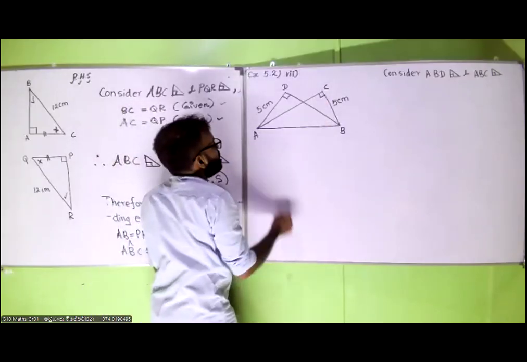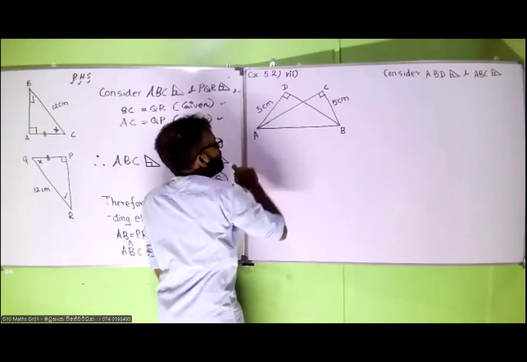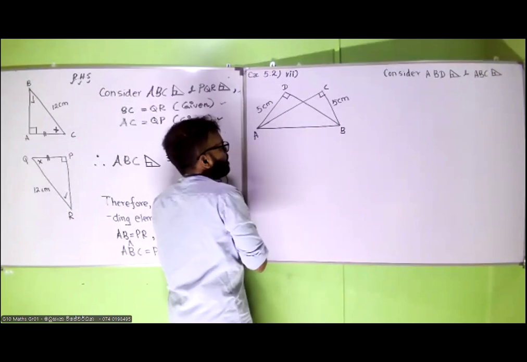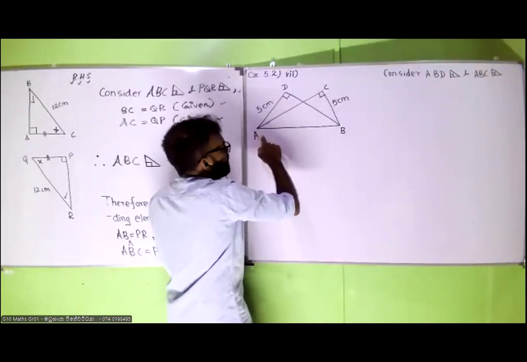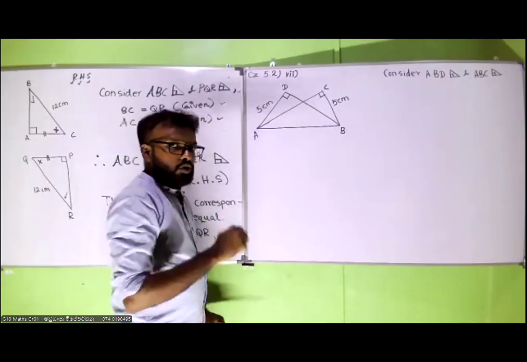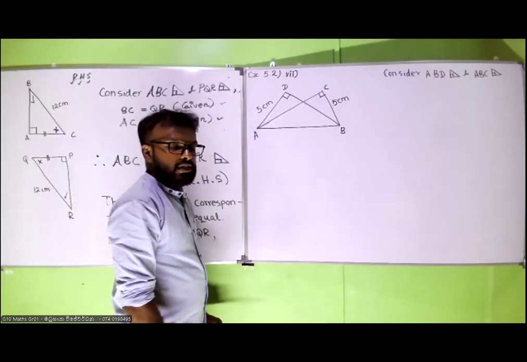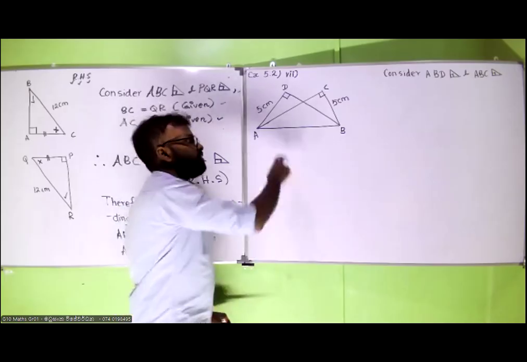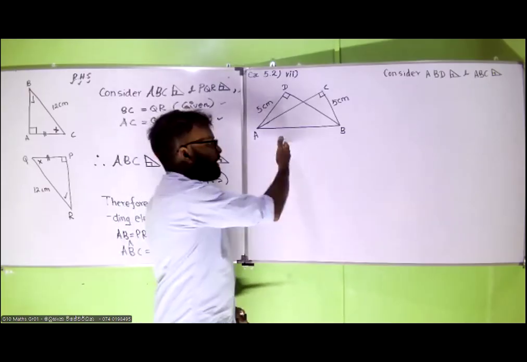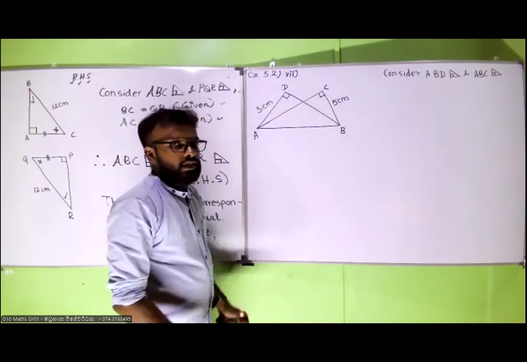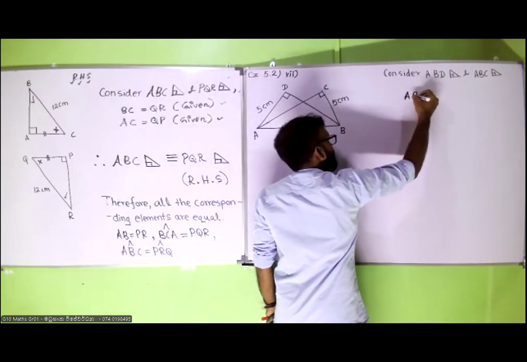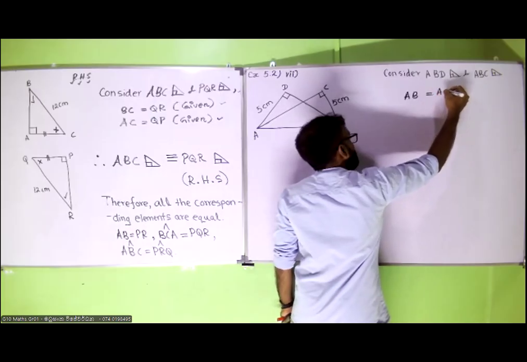From ABD, can I get the hypotenuse? Where is my hypotenuse? AB. And in ABC right angle triangle, also AB. Those are a common hypotenuse. In another word, a common side. From ABD and ABC, you can write AB equals AB.